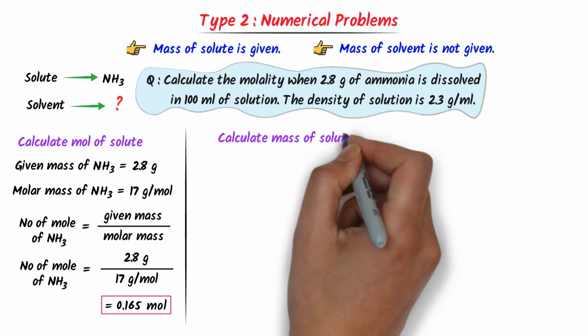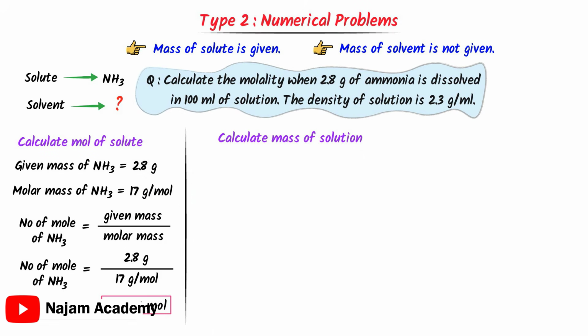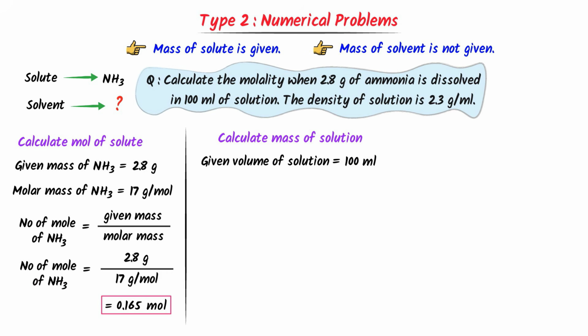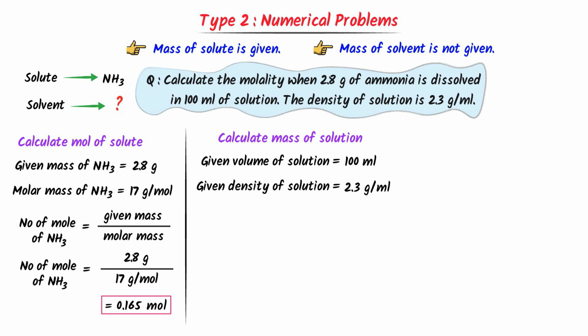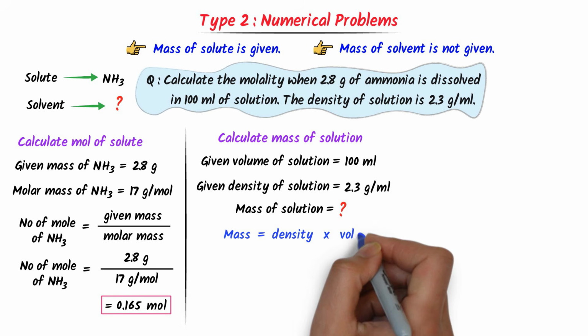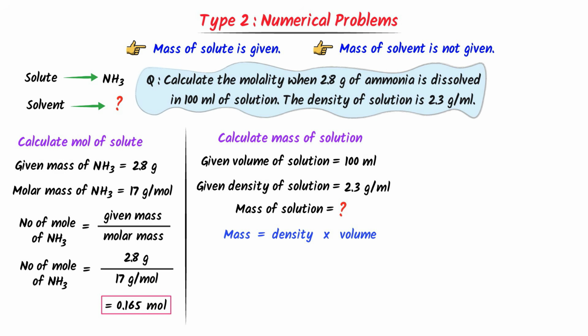Now, we will calculate the mass of a solution. According to the numerical problem, the given volume of a solution is 100 milliliter. The given density of a solution is 2.3 gram per milliliter. The mass of a solution is unknown. We know that mass is equal to density times volume.